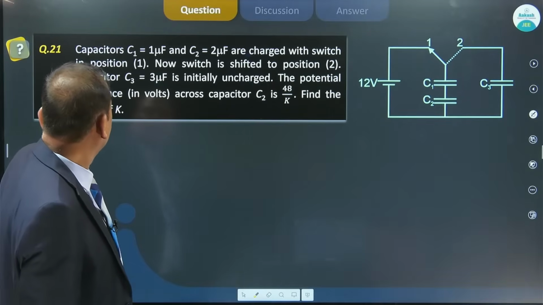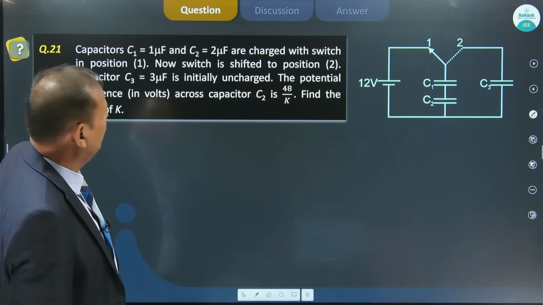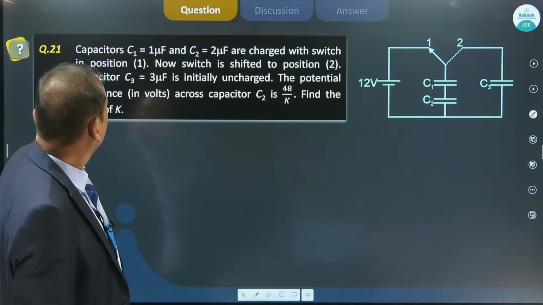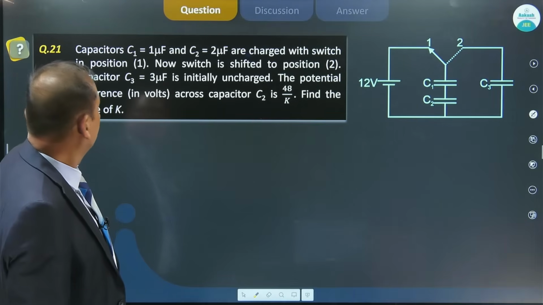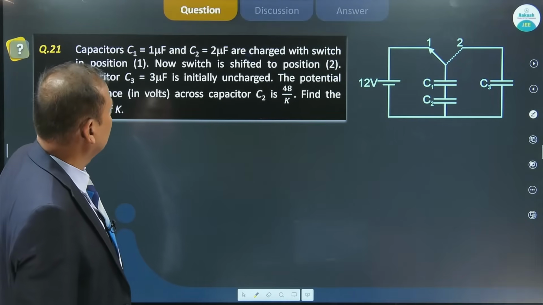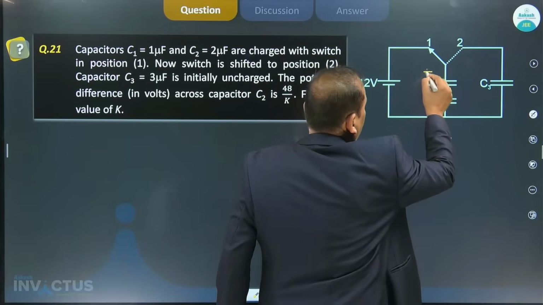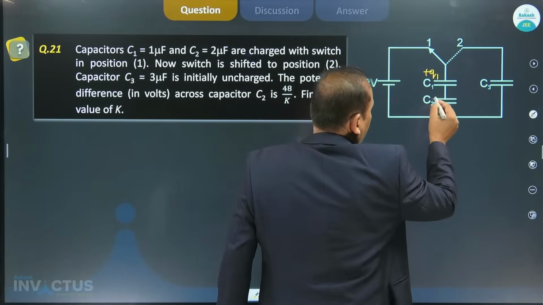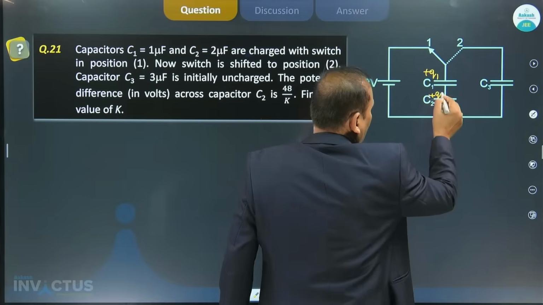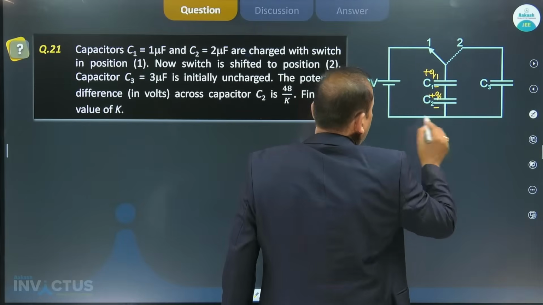Capacitor C3 is equal to 3 microfarad and is initially uncharged. The potential difference across the capacitor C2 is... Initially, let us see, this is charge Q1 plus, Q1 minus.